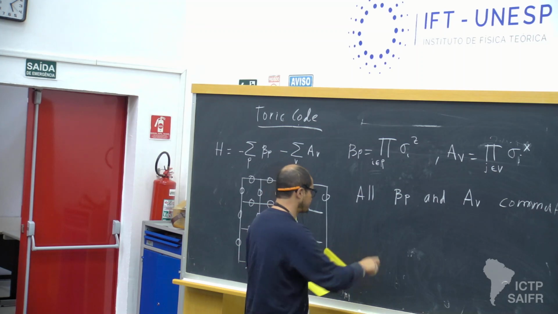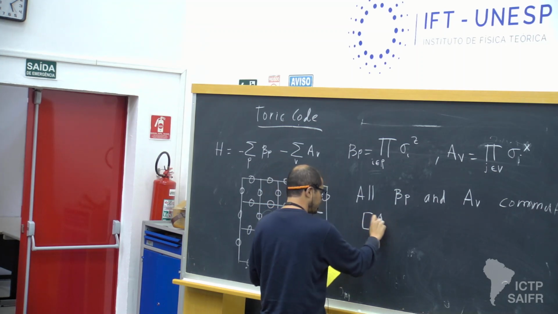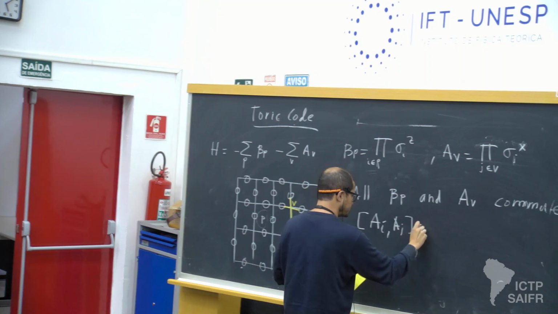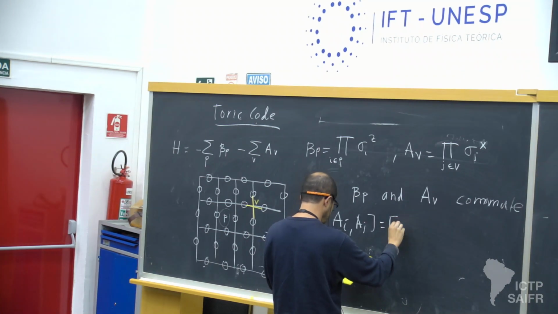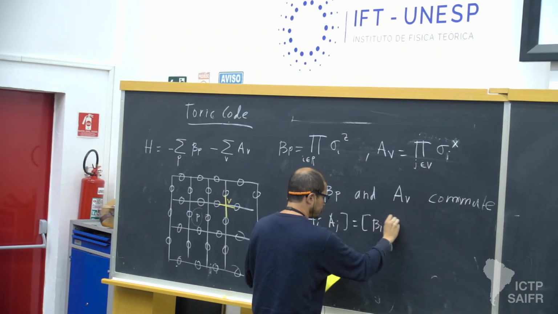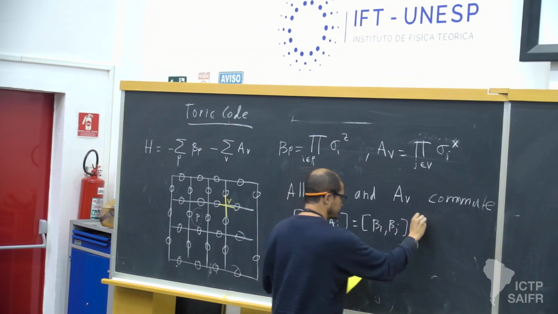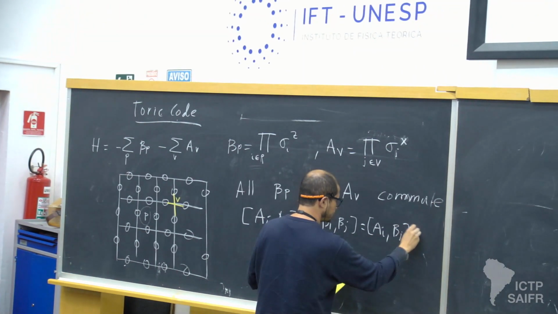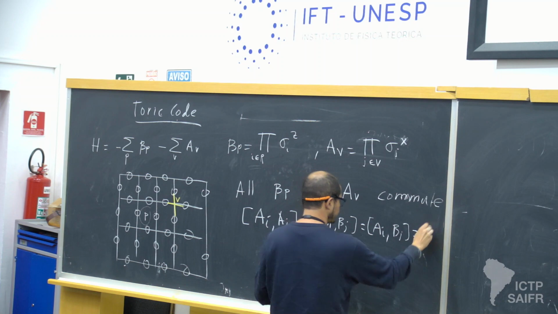We can write this down in this way: [A_i, A_j] = [B_i, B_j] = [A_i, B_j] = 0.